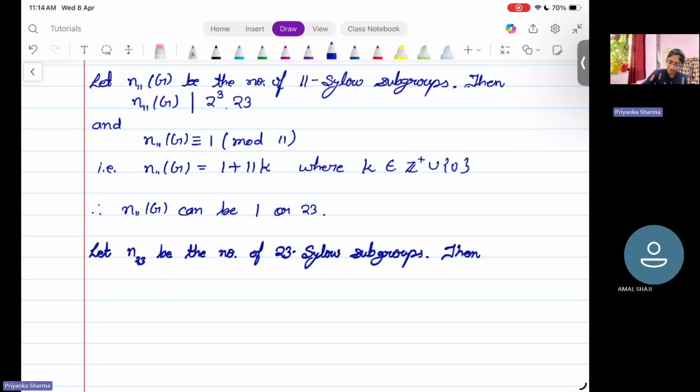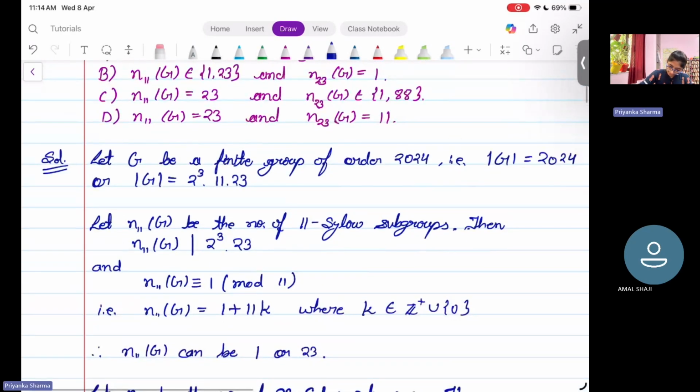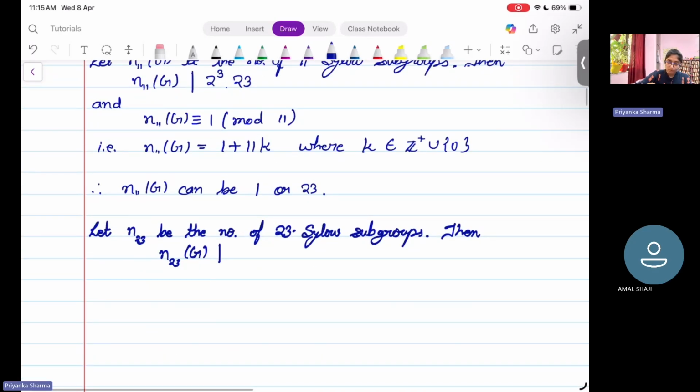Then again, we will use the first and third Sylow theorems, and we will get that n23(G) will divide, in the prime factorization form, the order after excluding the power of 23. And what will be the remaining part? That will be 2 cubed into 11. So n23(G) will divide 2 cubed into 11.